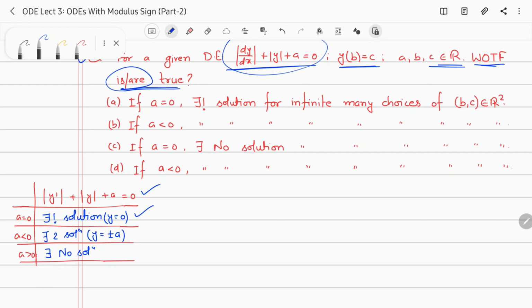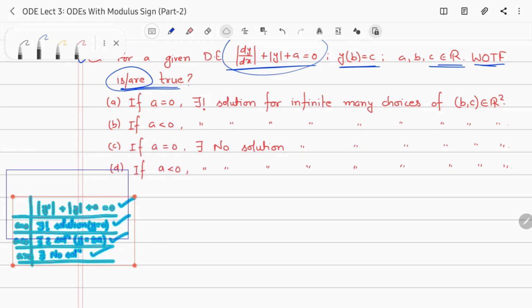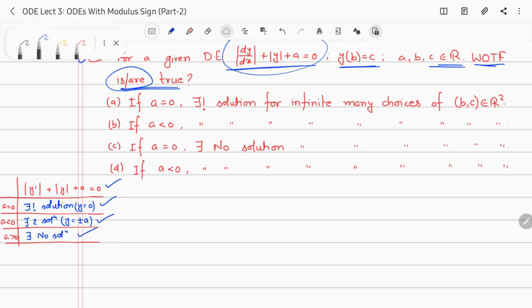For negative a, that is a less than 0, we have two solutions, that is y equal to plus minus a. And for positive a, that is a greater than 0, there does not exist any solution, right? So this we have done in the last video. You can see how we did it. This is a very good logical concept, and we will be using this concept in this question. So let us take the first option first.